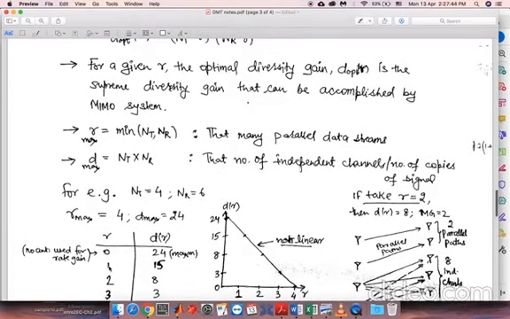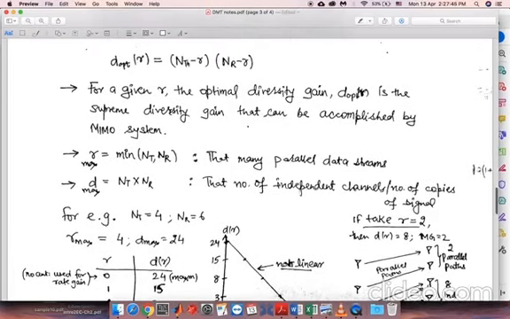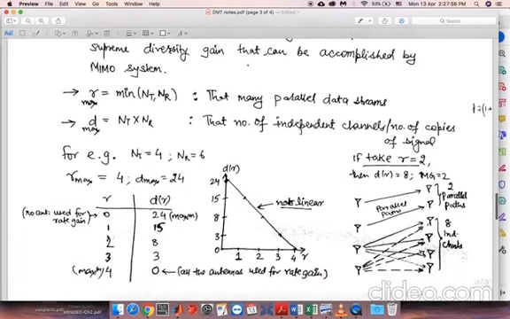Then for R equals to 1, NT minus 1 into NR minus 1: 4 minus 1 is 3, 6 minus 1 is 5, 3 into 5, 15. Similarly for R equals to 2, D is 8, and for R equals to 3, D is 3, and for R equals to 4, which is the maximum, D is 0. All the antennas are used for achieving rate gain, right?